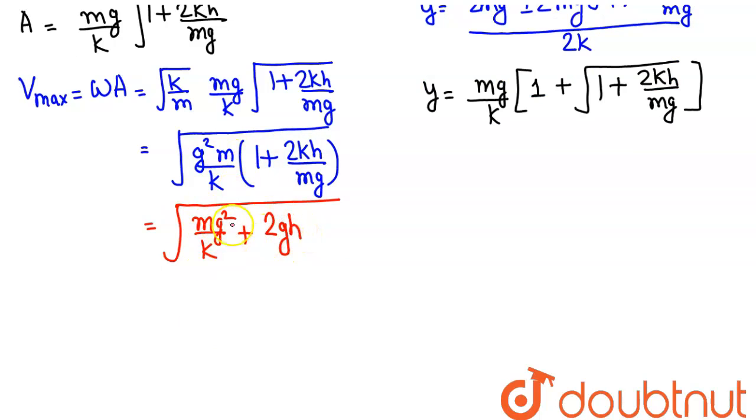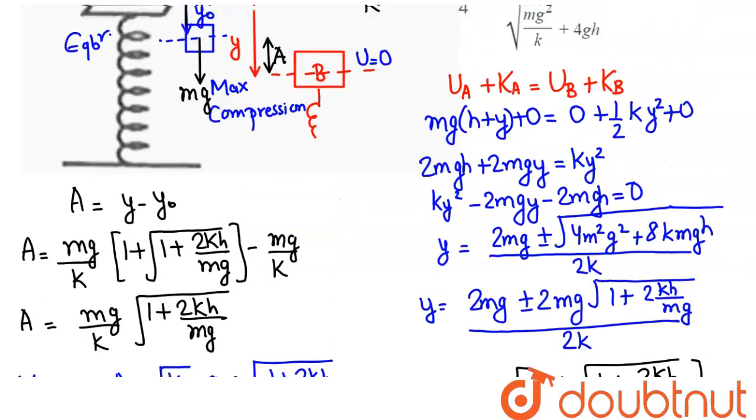So root of mg square by k plus 2gh is the velocity at the mean position.